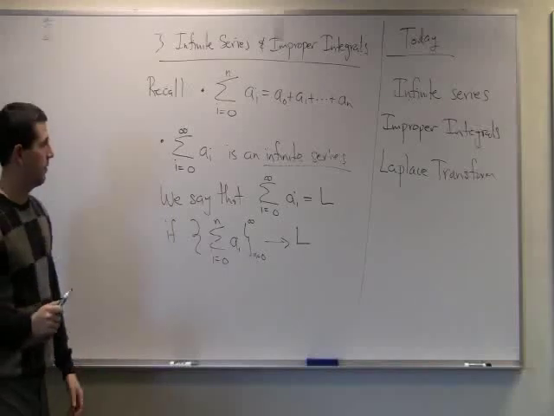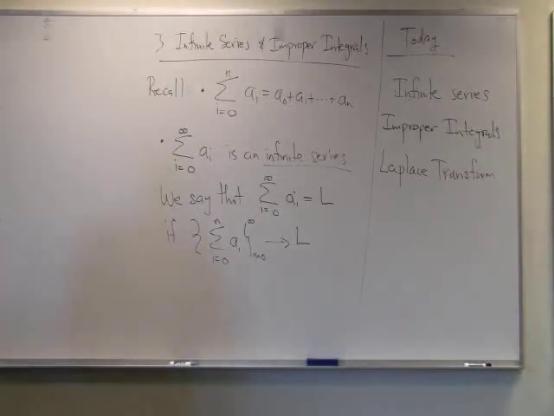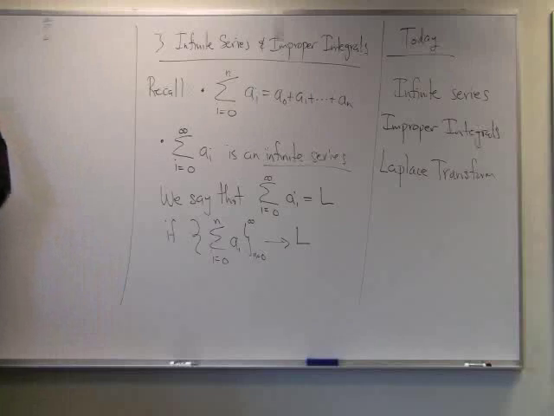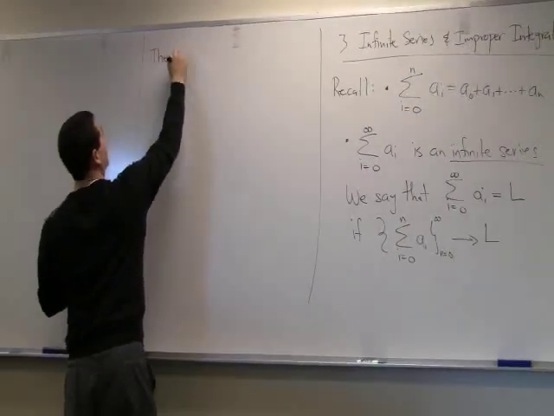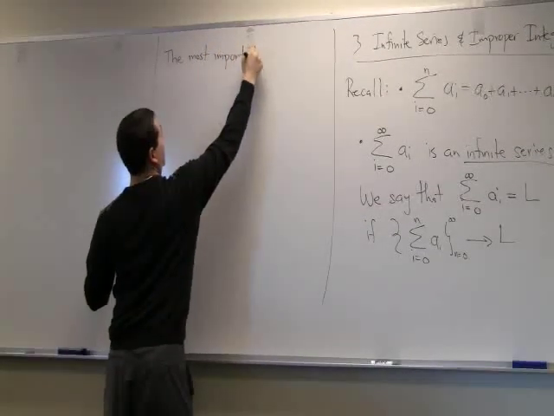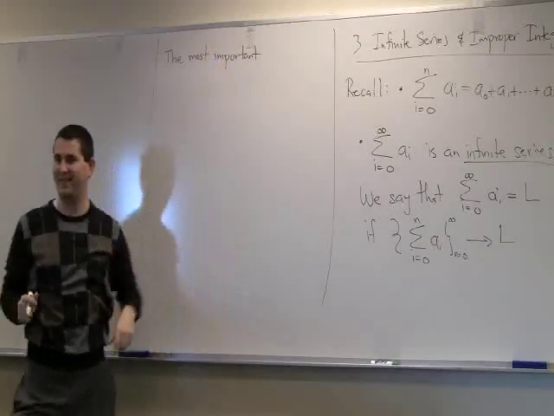So there's one example that when you think of infinite series, you should always have in your head, the most important one. The most important. This is not a mathematical statement. This is just my opinion.